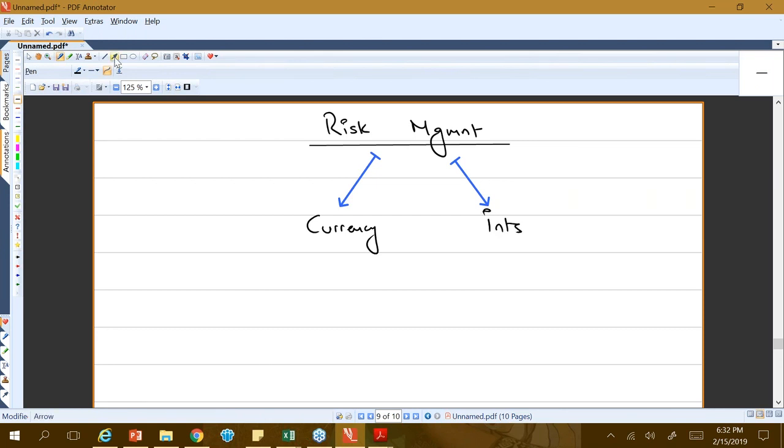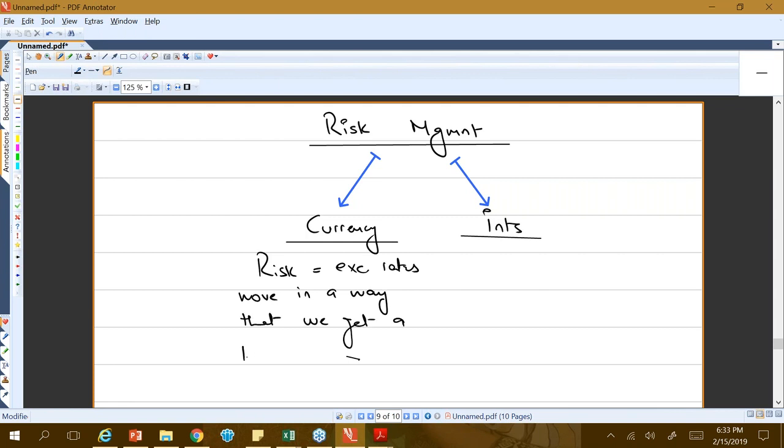First of all, in the currency risk management, we need to think about the risk. The risk here is that the exchange rates move in a way that we get a loss.